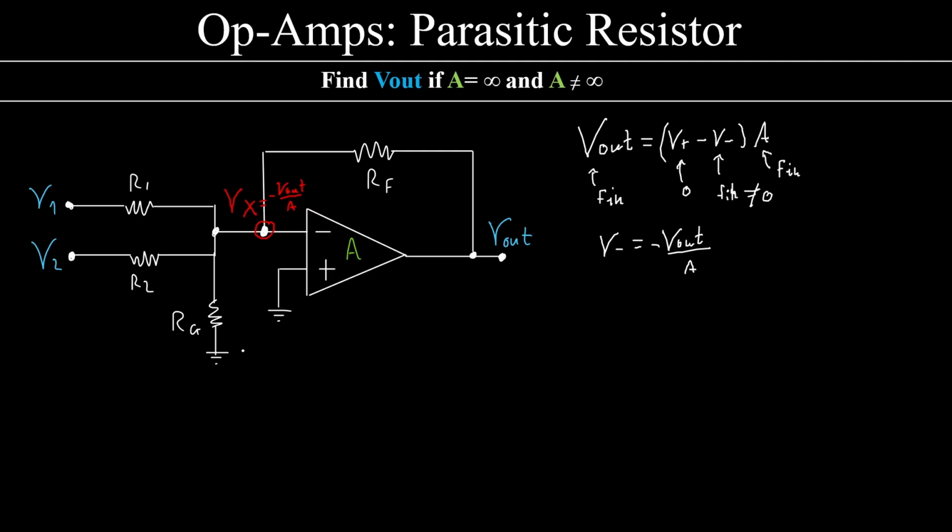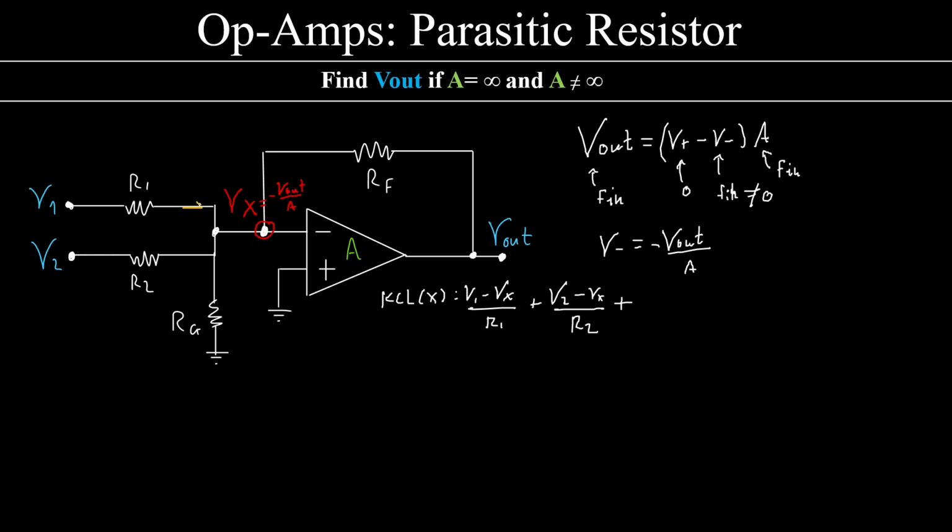Now, again, let's take the KCL for this node over here. So, it's V1 minus Vx plus V2 minus Vx over R1 or R2. And now, notice that this voltage, and this voltage, and this voltage, which is the same, is different than the voltage here. So that means that there must be a current flowing through this resistor, in this case. So I'm going to add another current here.